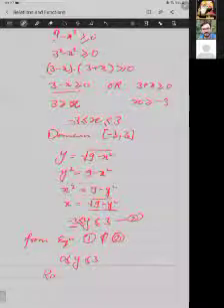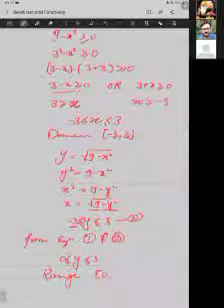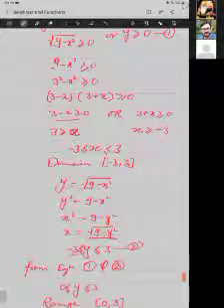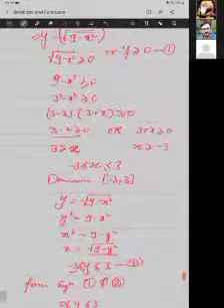So the range will be 0 to 3. This will be the range. This is one of the very important questions. So please try to solve this once, then only it will be better.